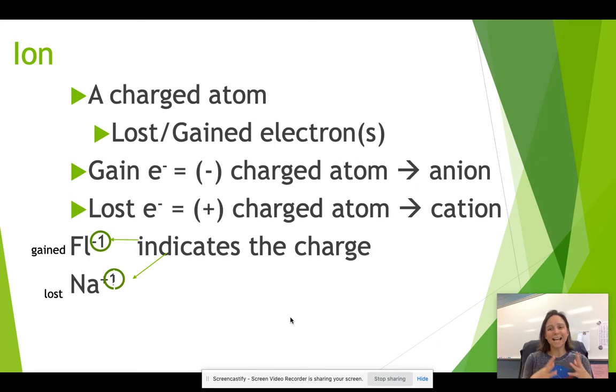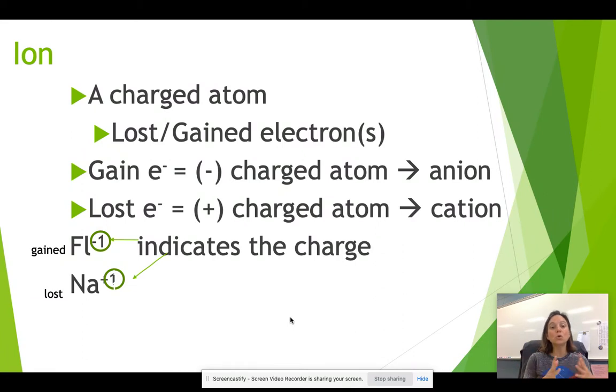This is kind of tricky, but we've got to really think about this. If I gain an electron, I'm actually gaining a negative charge, and so I will become an anion. Because gaining, we think positive. No, we're gaining a negative charge, so we become negative. So it's an anion.